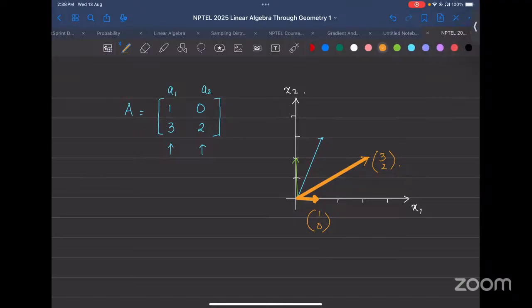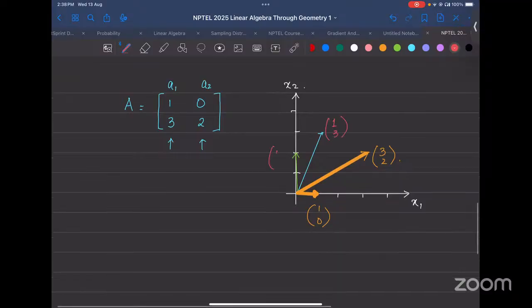On the other hand, if you look at this, this becomes my column vector. 1, 3 was here, and the other vector was basically 0, 2. You have to treat these as two different entities. You have to take A to be a linear transformation, and take A transpose to be a linear transformation.